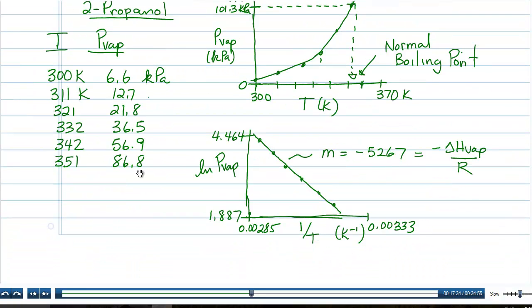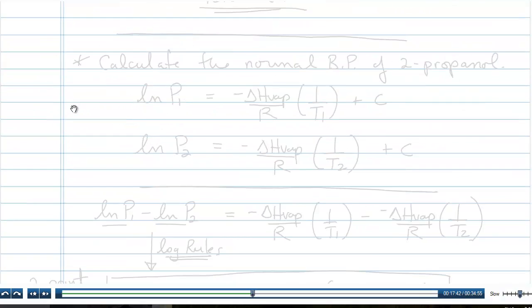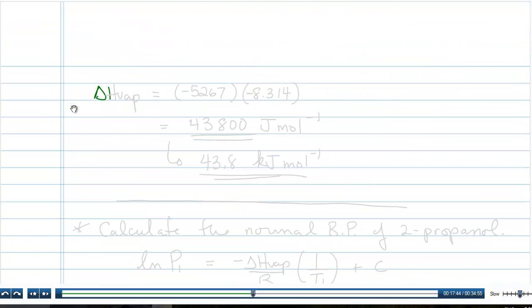Alright, so let's use the slope to calculate delta H vap for our 2-propanol. So we can say here that delta H vap, the heat of vaporization, is equal to the slope, negative 5267, times R, which is 8.314.